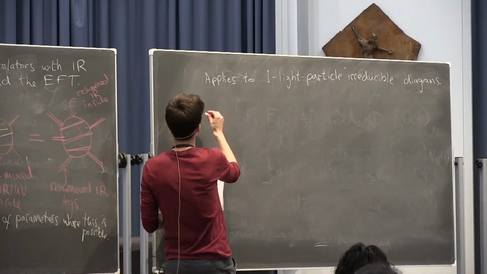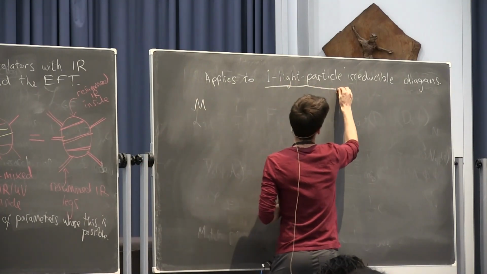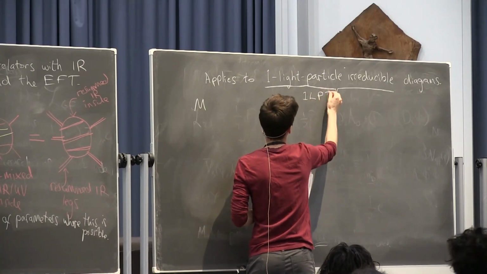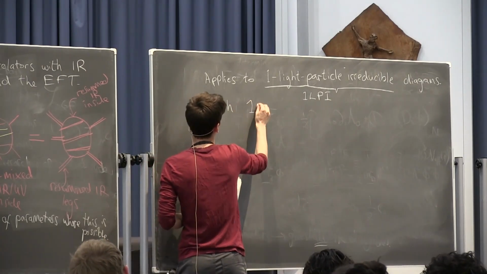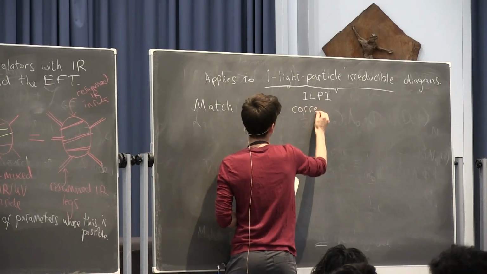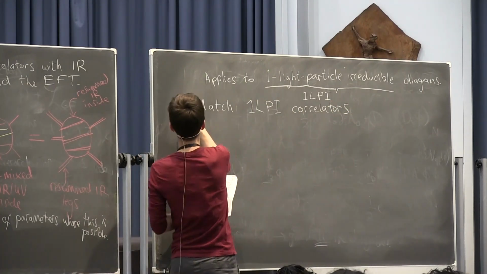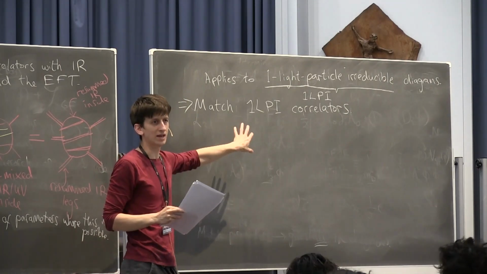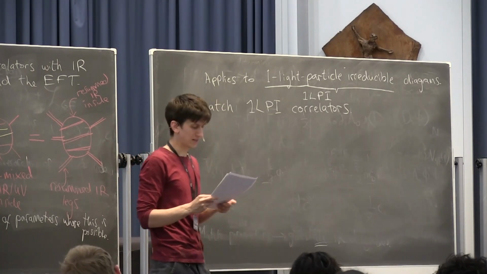So when we're matching, I will write this as one light particle reducible. As a consequence, we should match one light particle irreducible correlators. If you don't match this set, you don't get factorization of the UV and the IR. But you can always just choose to match these.